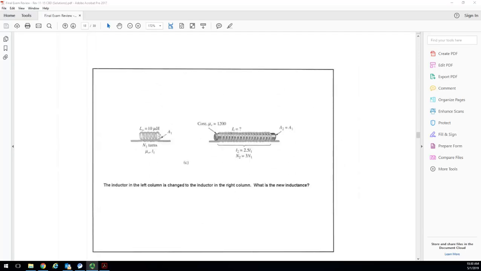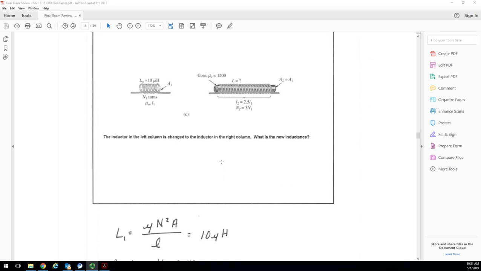Here it looks like the changes we're making, we're substituting the air core for some other core material that has a much higher permeability, 1200 times actually. We're increasing the length by 2.5 times. We are tripling the number of turns, and we're keeping the area the same. So in our equation, that means we're multiplying this by 1200. We are squaring the 3, so that's times 9.